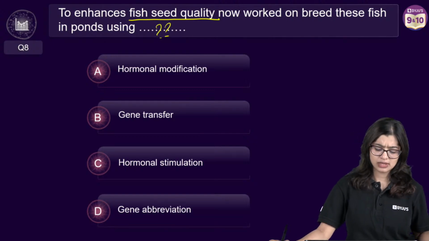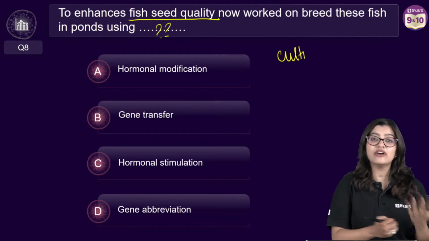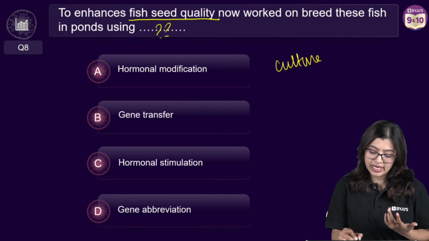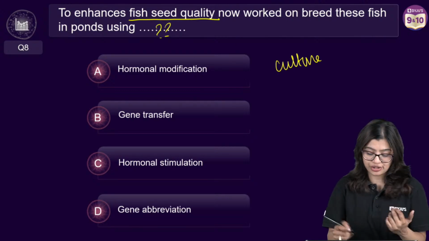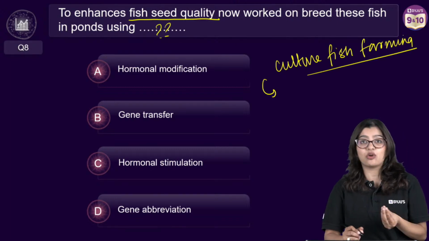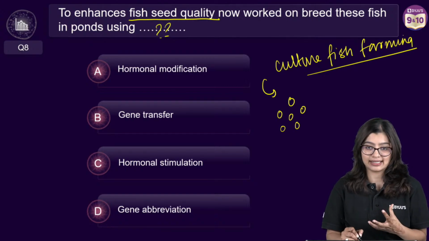You have us. Awesome. So basically, we're talking about culture fisheries. When we do culture fish farming, we know that we are culturing the fish. So in order to increase the fish seed quality, the fish seeds are basically the eggs that are there, right?